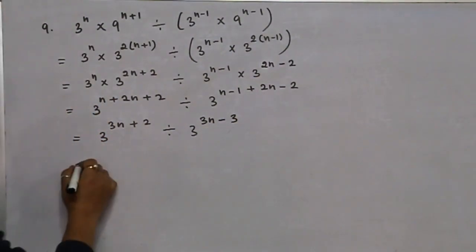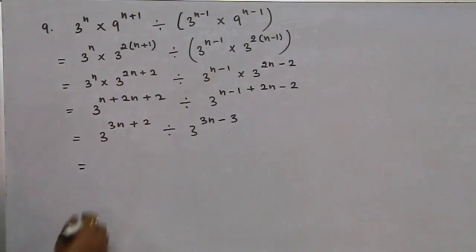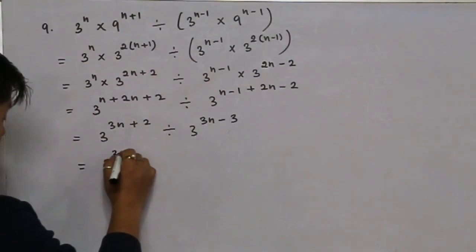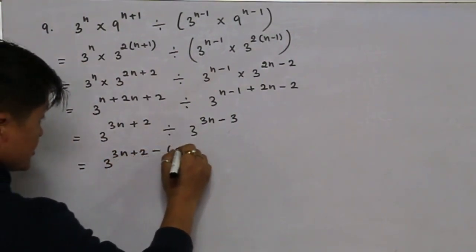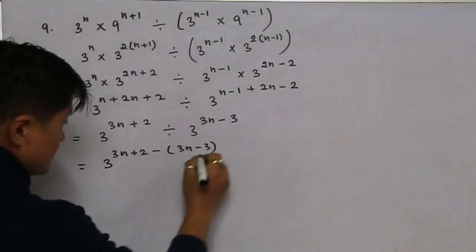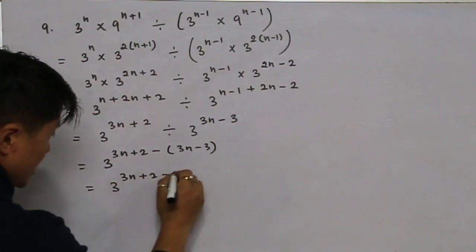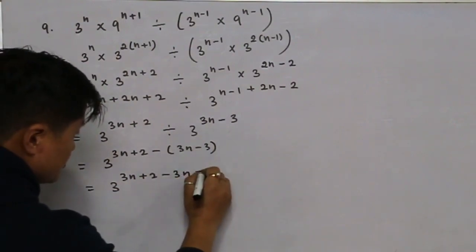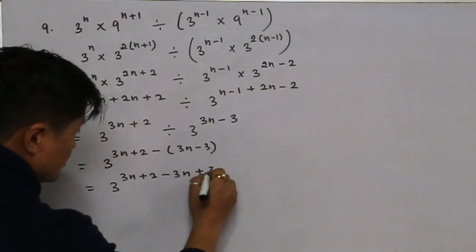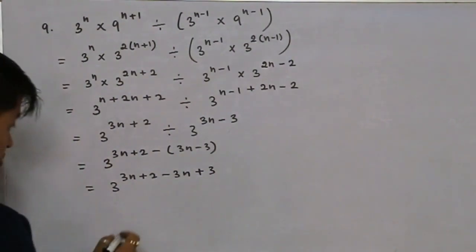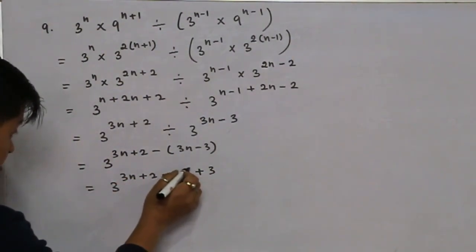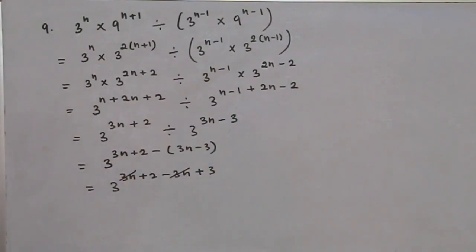Clear? So when the like terms are divided, powers are subtracted. 3 to the power 3n plus 2 minus 3n minus 3. This will be written as 3 to the power 3n plus 2 minus 3n plus 3. So then we have this plus 2, 3n and minus 3n cancel.